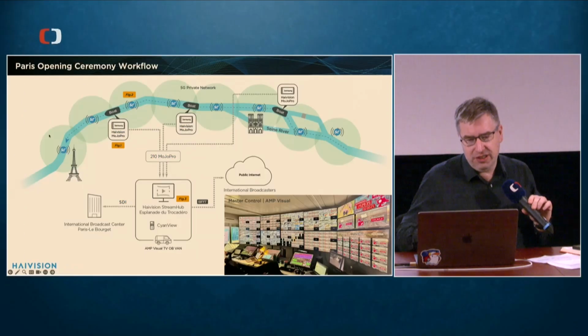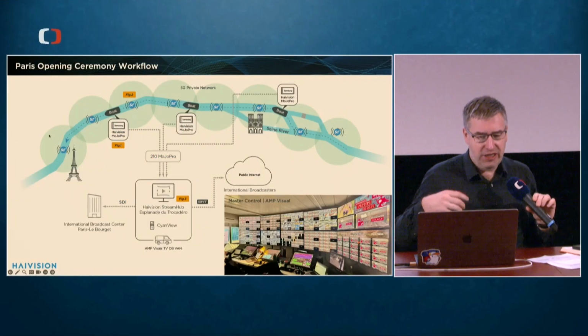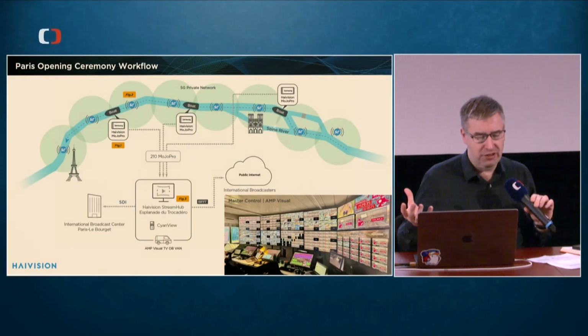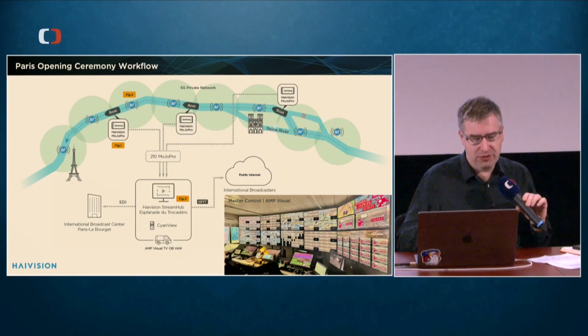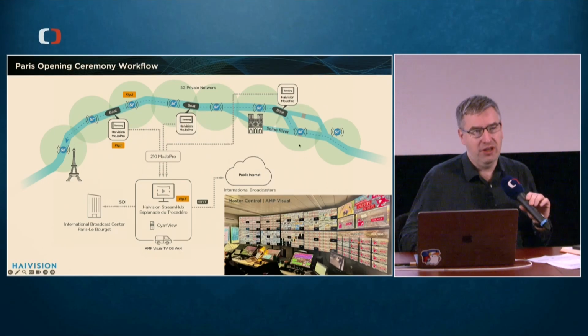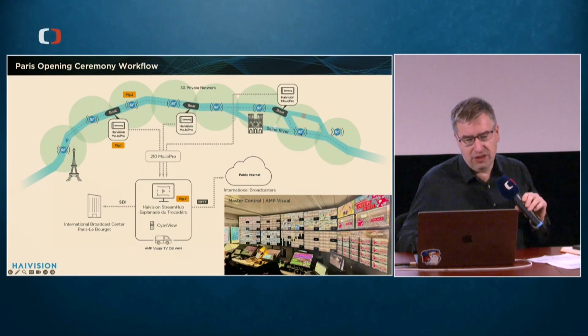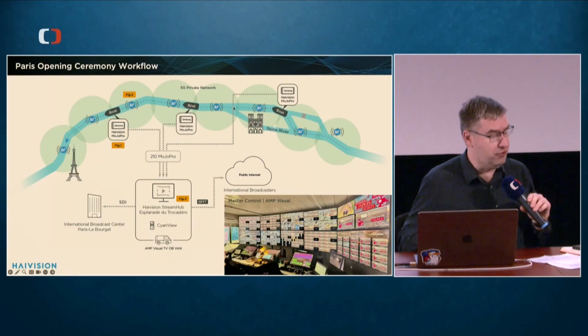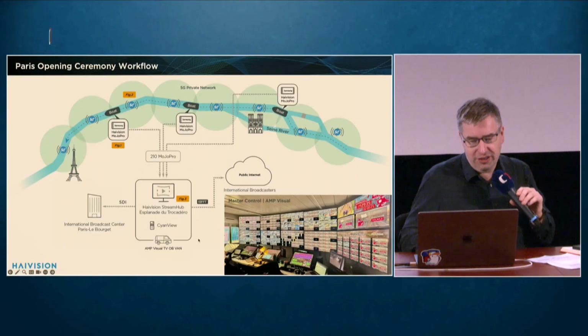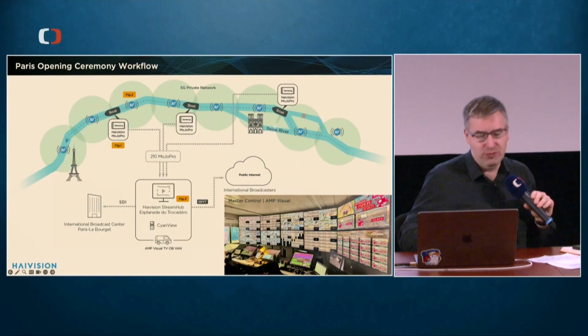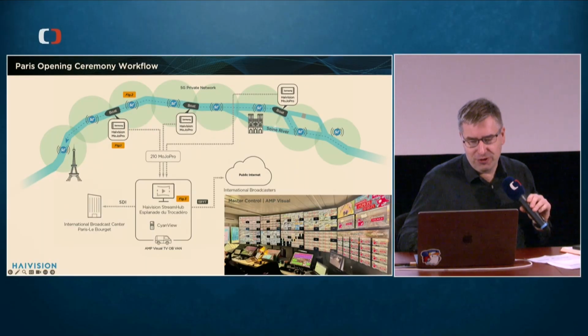And for this, a private 5G network was set up along the river, and a bunch of antennas were installed on the different bridges to provide the coverage. Here you can see an image of the master control room where all the feeds were monitored.